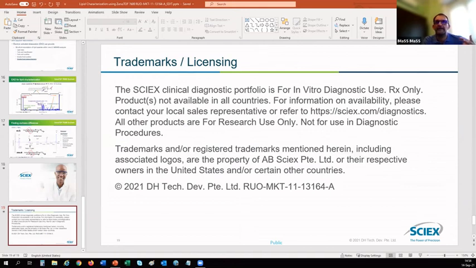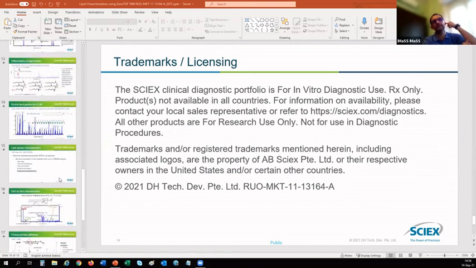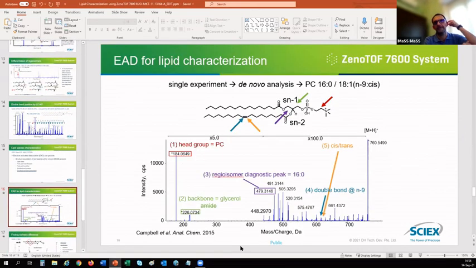Now, then I have a question for you, Mario. It looks like now you can put together a lot of information for each individual lipid that is eluting out of a column, down to the cis-trans isomerism.